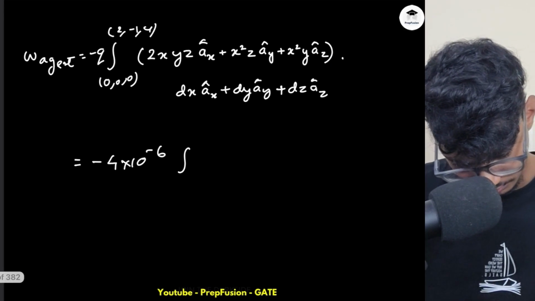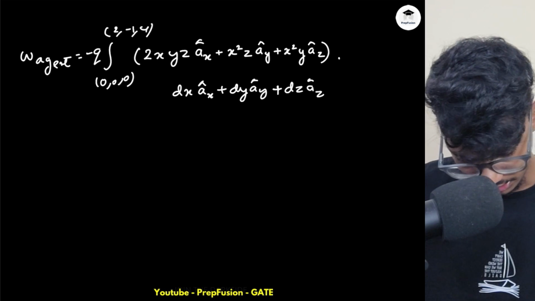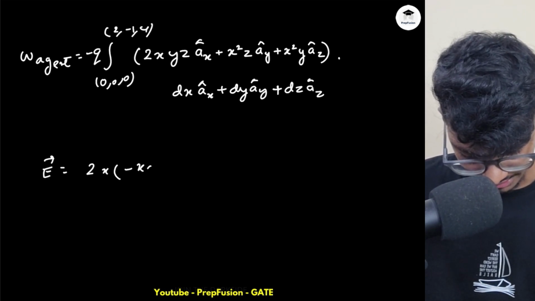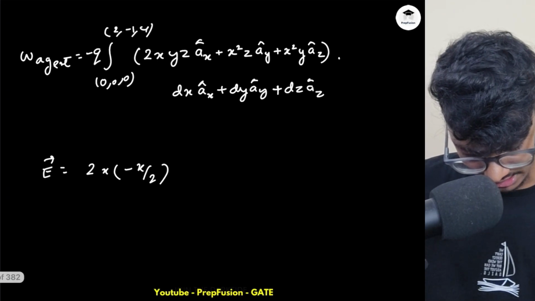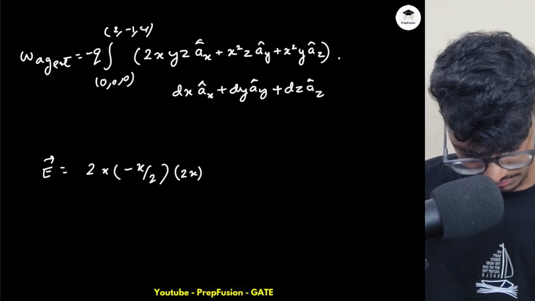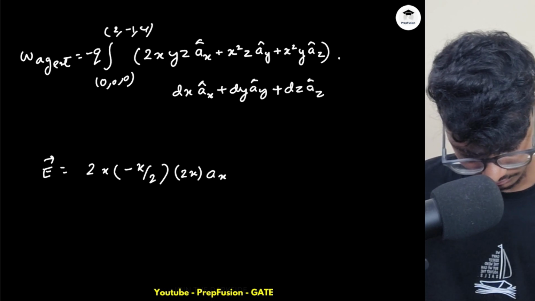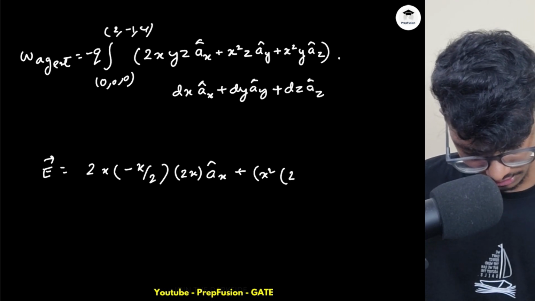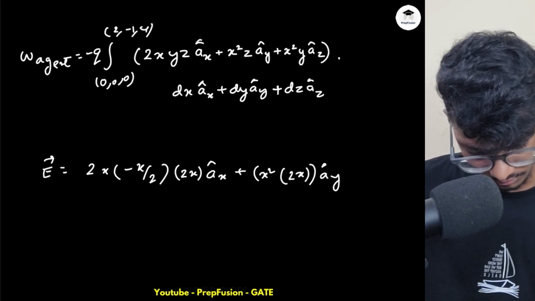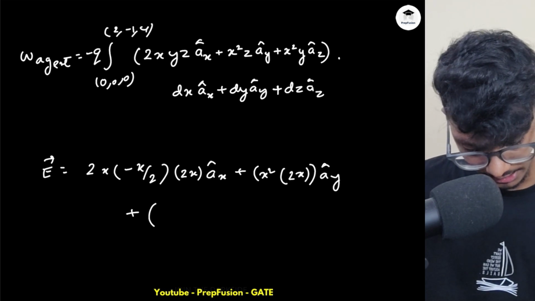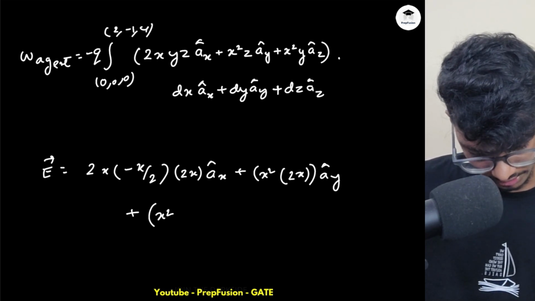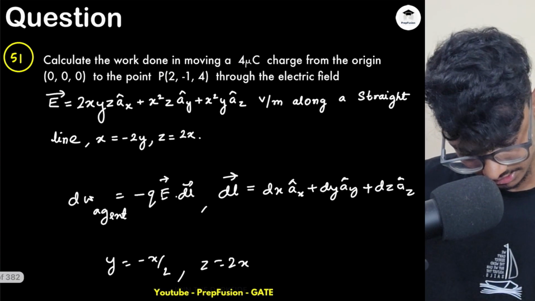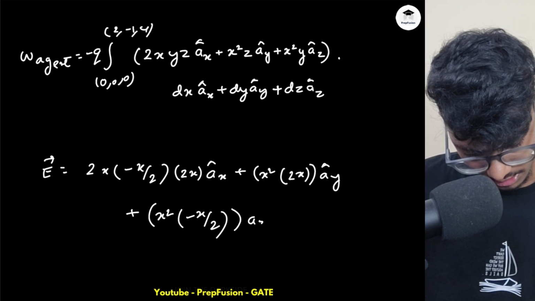So my electric field E vector will become 2x, y is minus x by 2, z is 2x, ax cap, plus x squared plus z, z is again 2x, ay cap, plus x squared into y, y is again minus x by 2, az cap.